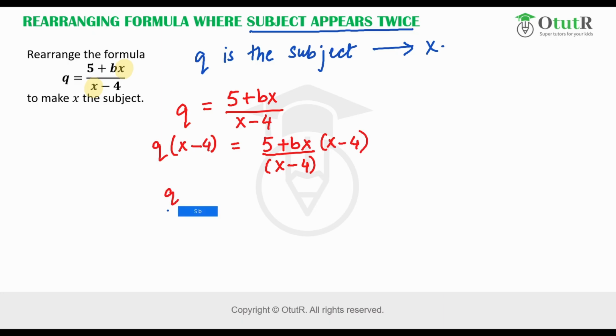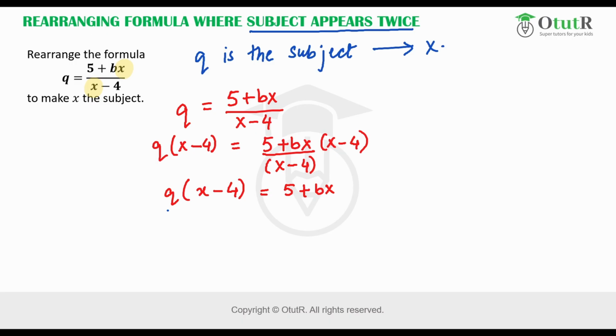So I am going to get q multiplied with x minus 4, and bx plus 5 on the right side. Can you see that I have successfully removed the denominator x minus 4? So whenever we want to remove the denominator, we simply multiply it on both sides, right?